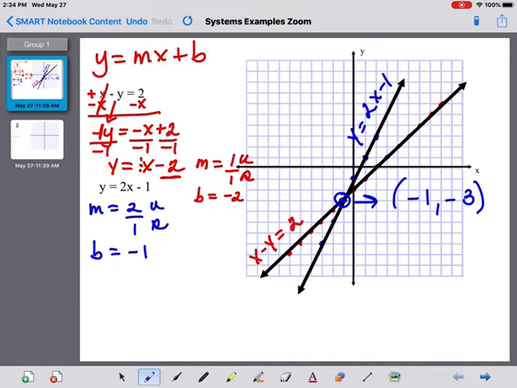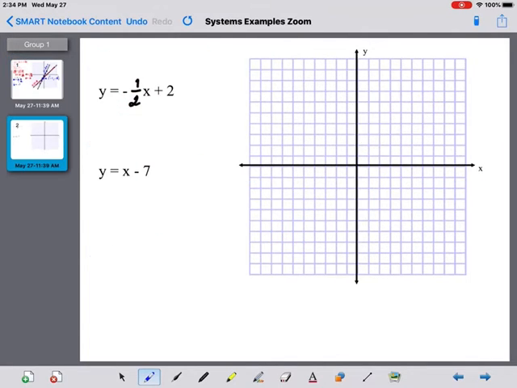If we go on to the second problem, we have y equals negative 1/2 x plus 2. So fortunately, that is already in slope-intercept form. So I have a slope of negative 1/2 and a y-intercept of 2. So I'm going to plot my first point on the y-axis at positive 2.